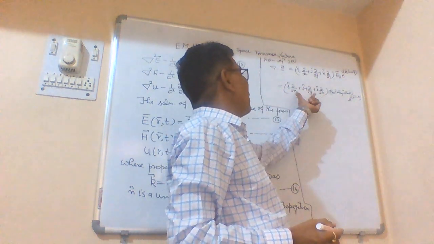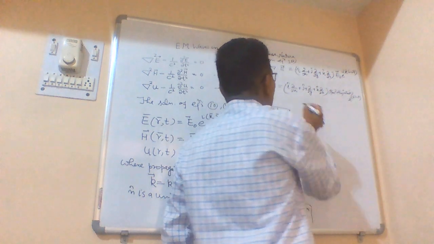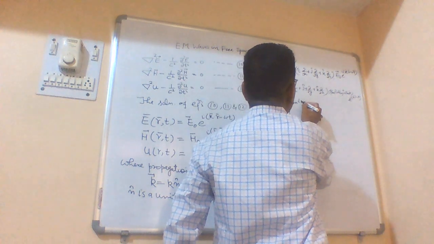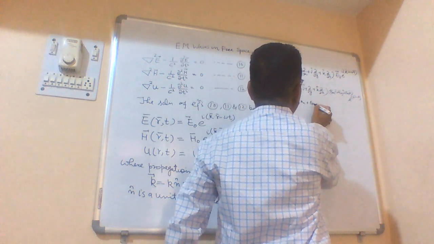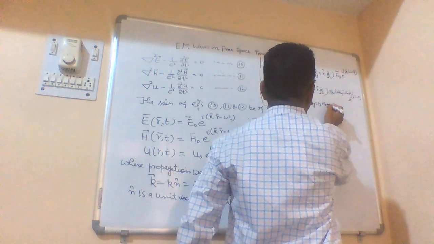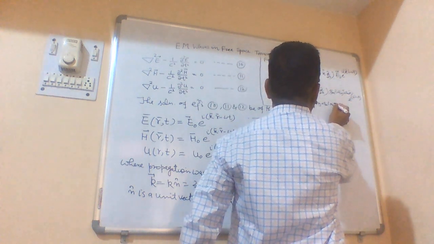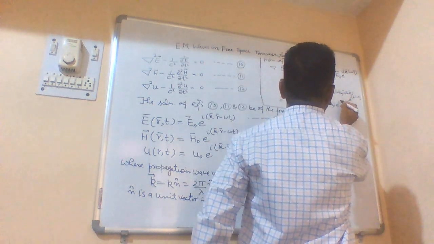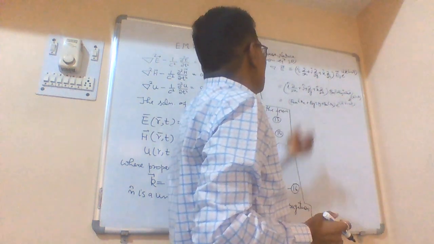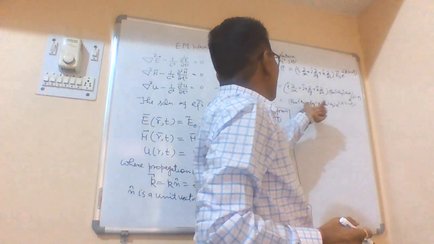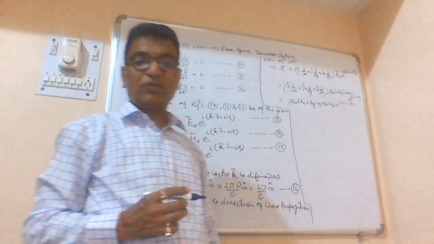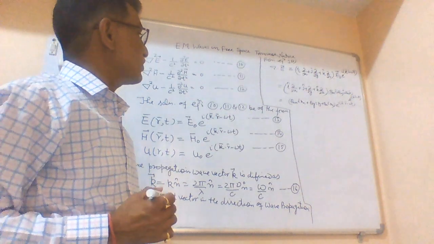So when we operate the operator del on the given function, here we have E0x i kx, E0y i ky, E0z i kz into e raised to the power i (k dot r minus omega t). i dot i is 1, delta upon delta x of e raised to the power i (k dot r), meaning kx x plus ky y plus kz z. So we have this equation.